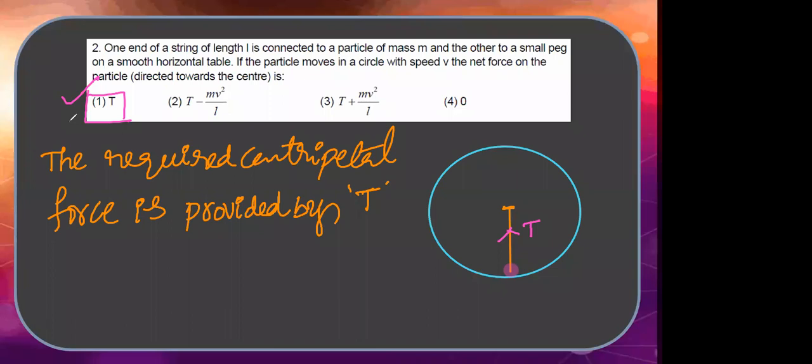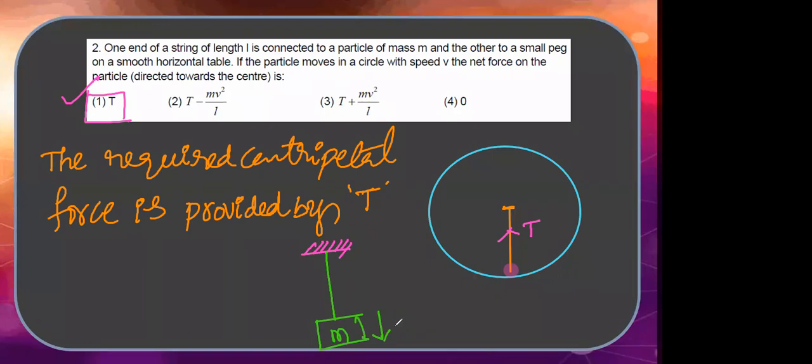Sir, tension means force acting on the body, sir. Tension is nothing but force only. Let us suppose I connect a body like this, one mass attached.